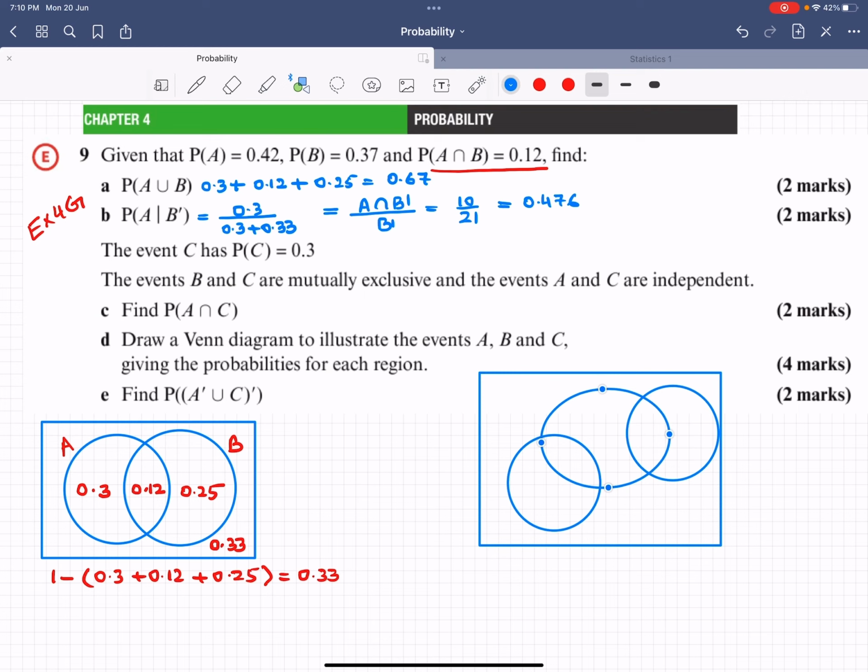Alright, so we have A, B and C, and B and C are mutually exclusive.